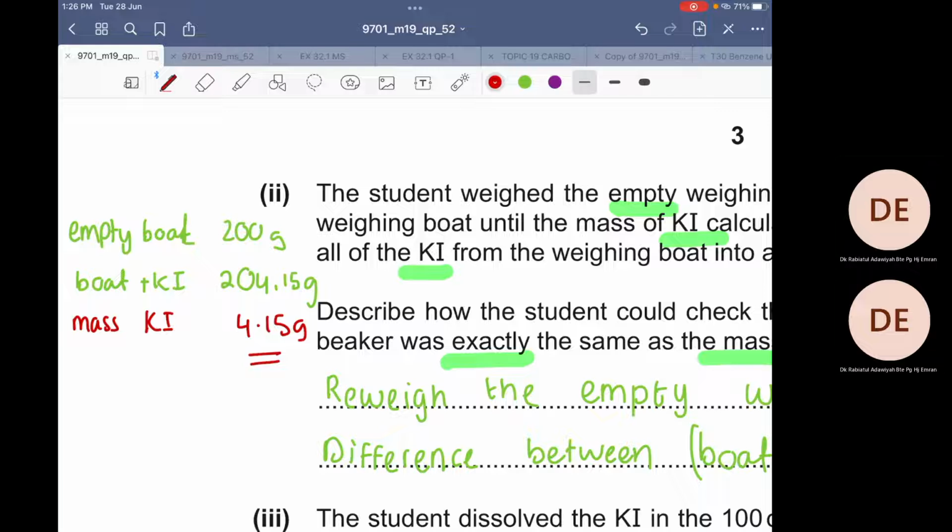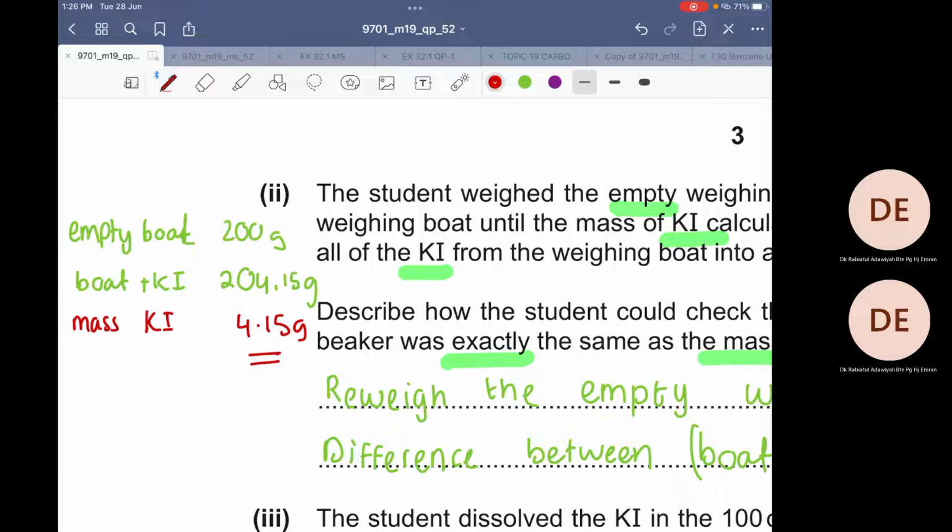So now the question is asking, how can the student confirm that the mass of solid transferred, which is the potassium iodide, was exactly 4.15 grams? Okay, so there's a modification that can be made.